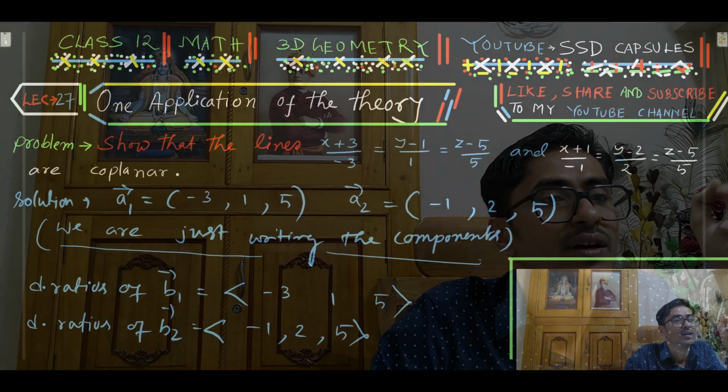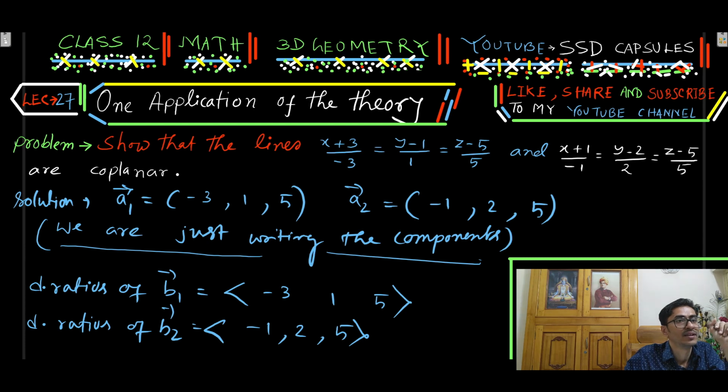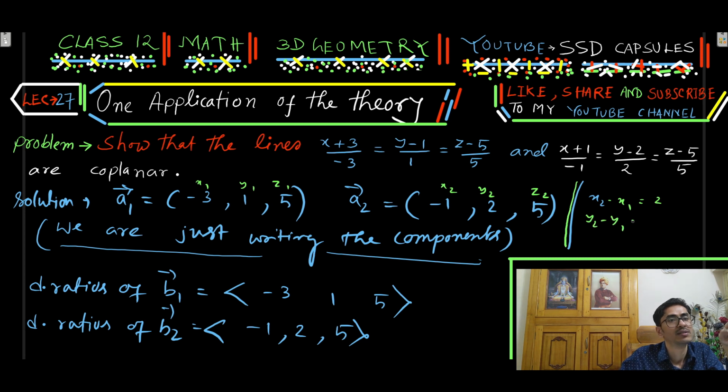So next page. x2 minus x1 means, here this one is x2, y2, z2 and this one is x1, y1, z1. So x2 minus x1 is minus 1 plus 3, so 2. y2 minus y1 means 2 minus 1, which is 1. z2 minus z1 means 5 minus 5, which is 0.